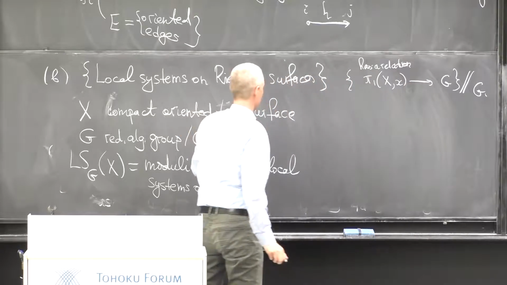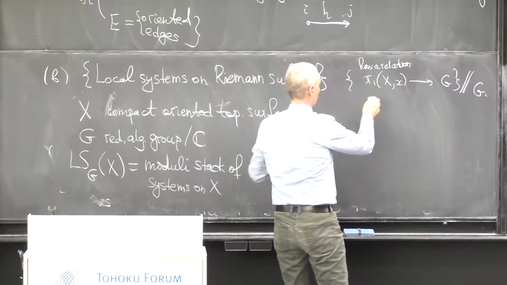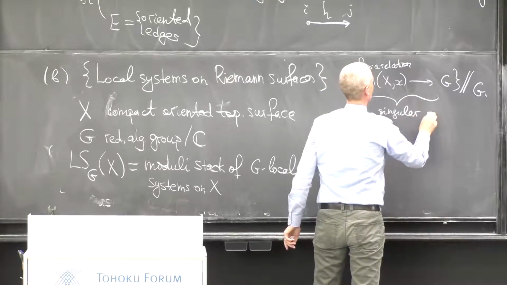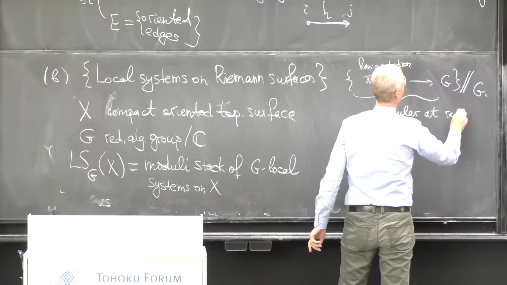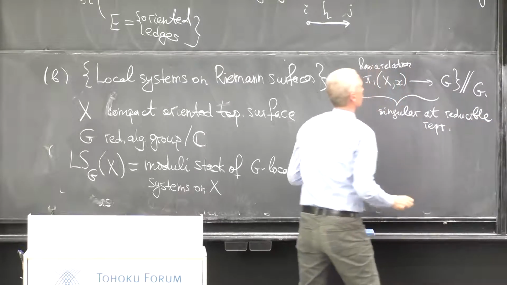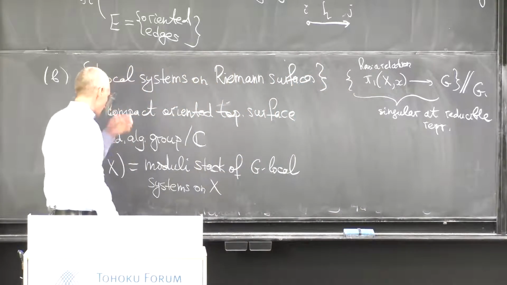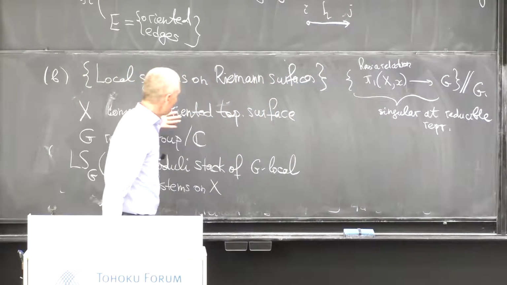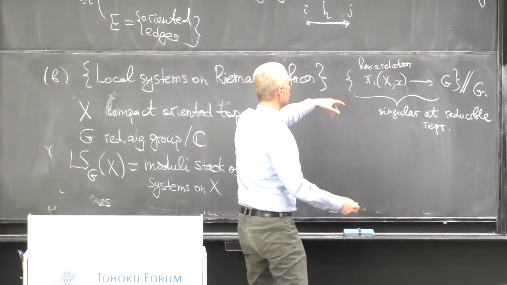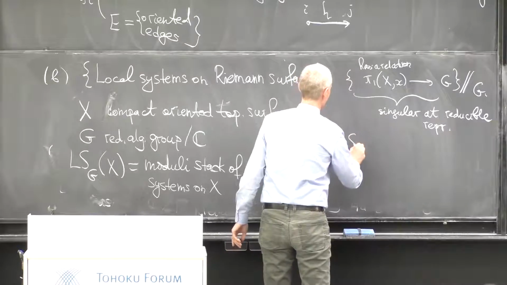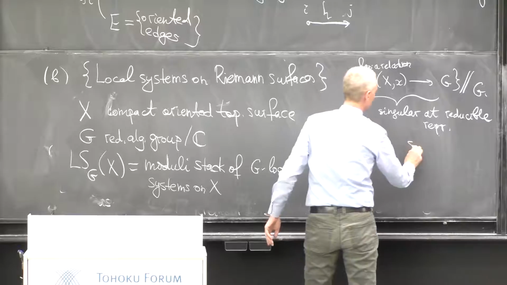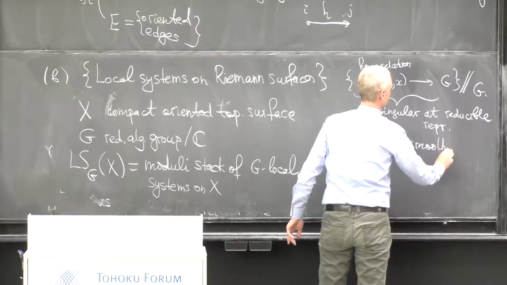If you have a compact surface, then this will be singular. So this thing is singular at reducible representations. If you want to remain in the realm of classical geometry, then we should consider irreducible local systems, LS_G irreducible of X. It will be a smooth manifold.